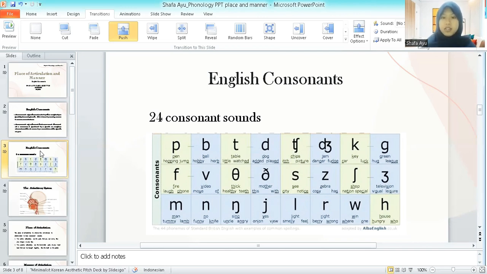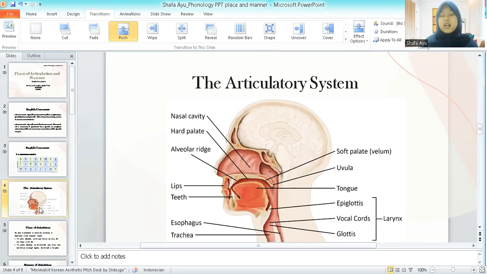And the next is ball, table, and okay. So here we are, the picture of the articulatory system.